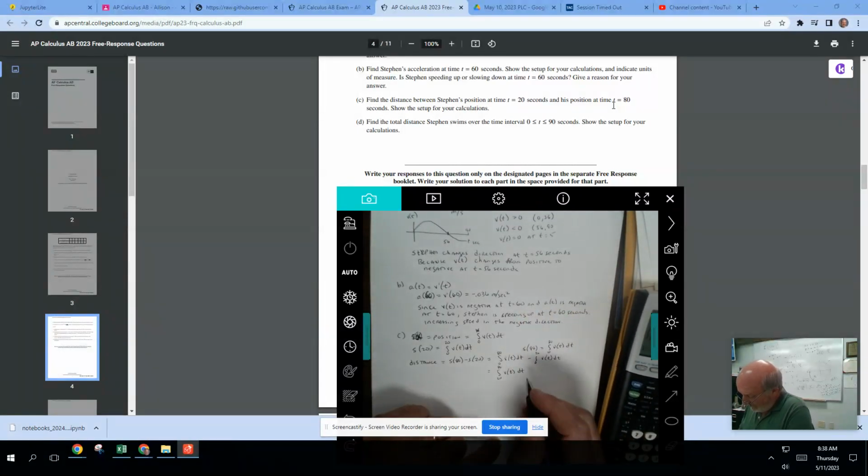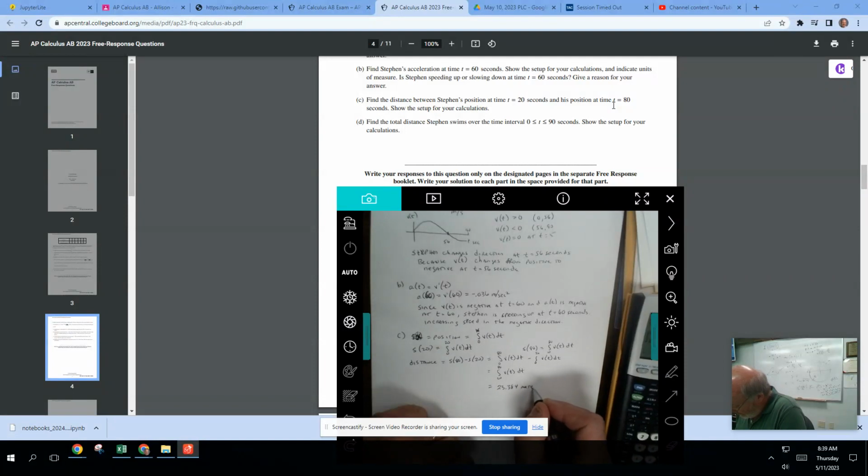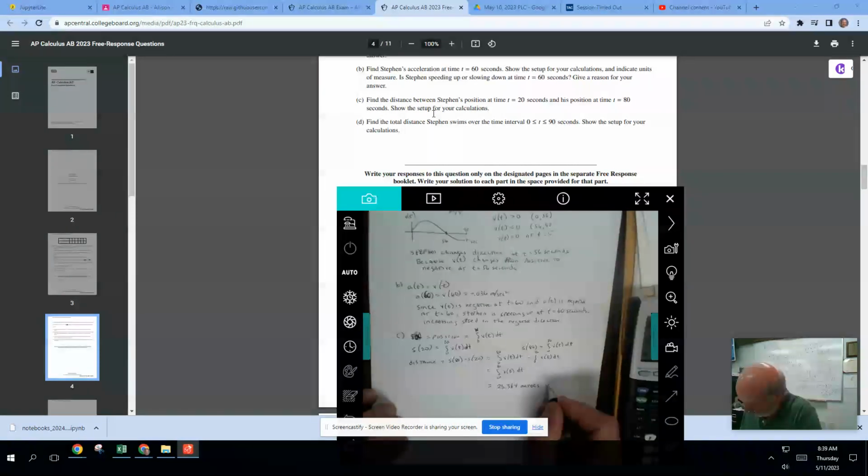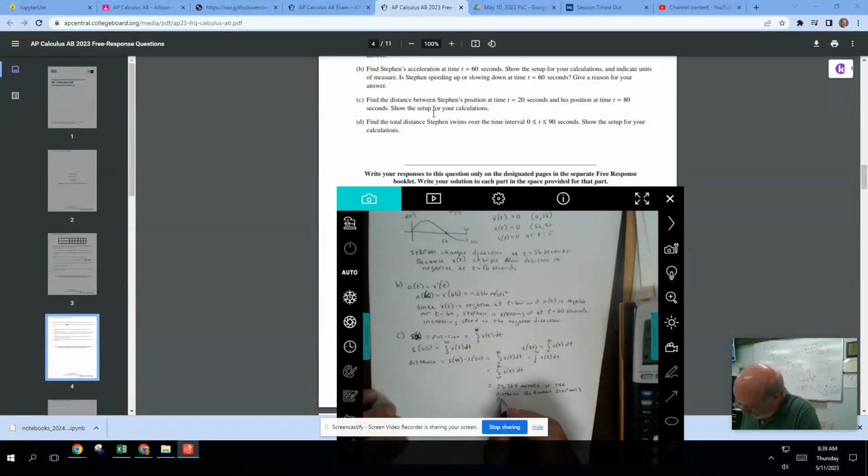And so that's going to be the distance in meters, 23.384 meters, is the distance between Stephen's position at t equals 20 and t equals 80.